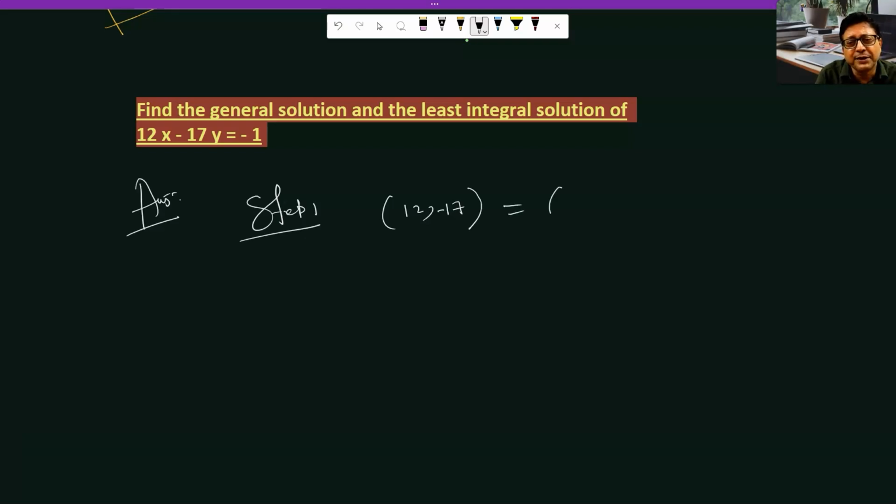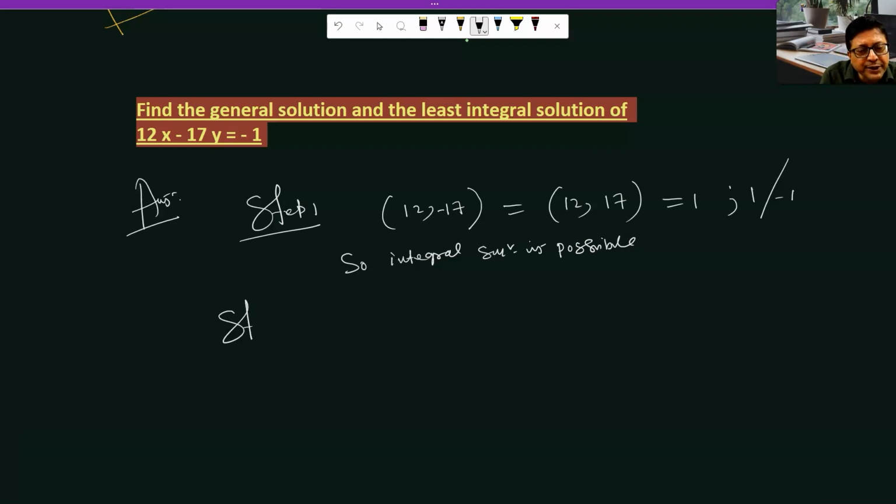This is the positive integer, that's why you will write 12 and 17. This is 1. 1 divides minus 1, isn't it? So an integral solution is possible.